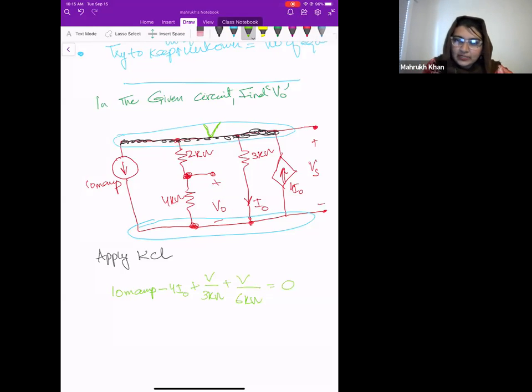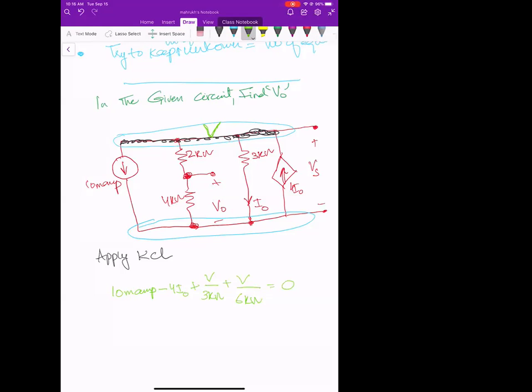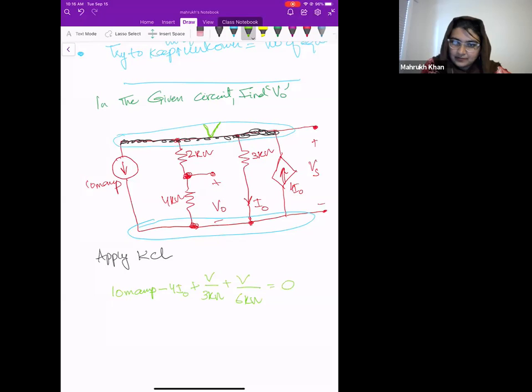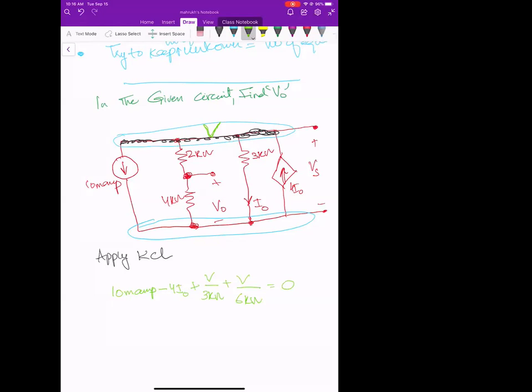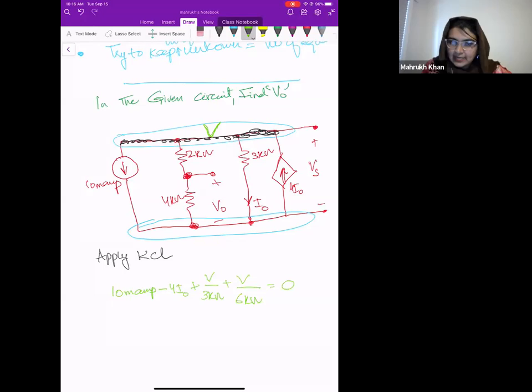Can you see I naught in the circuit? Does the one part say 4I naught? Yes. Okay. But what I'm saying is, if I replace I naught with something that I know, can it help the equation?